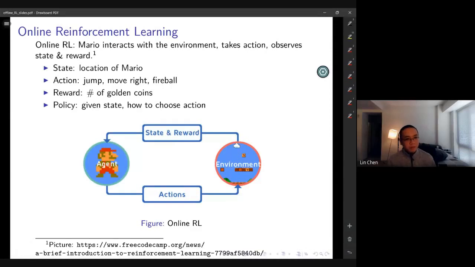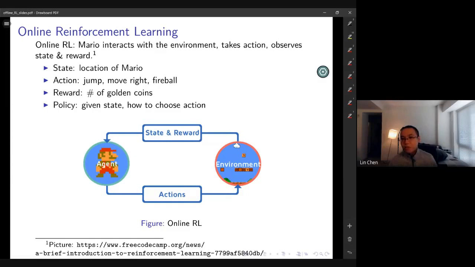What's online reinforcement learning? In the usual online reinforcement learning, consider a Super Mario game. In the online setup, Mario interacts with the environment, takes actions, and observes the state and the reward. What's the state?